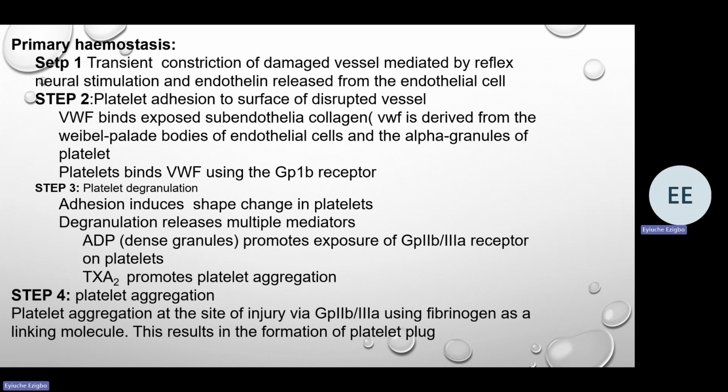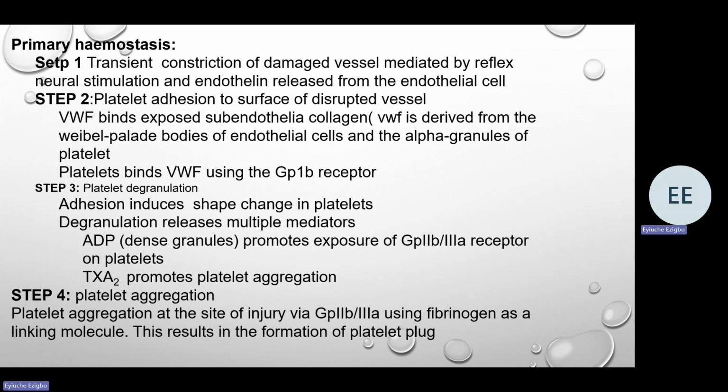Von Willebrand factor binds exposed subendothelial collagen. The von Willebrand factor that's binding is derived from the Weibel-Palade bodies of endothelial cells and the alpha granules of platelets. Then platelets bind VWF using the glycoprotein 1B receptor.